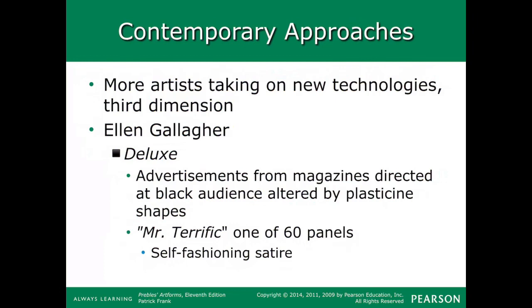So when it comes to these more contemporary approaches of screen printing, there are machines that can actually make three-dimensional works of art, three-dimensional prints. So they're no longer just making works on a poster or a flat surface.